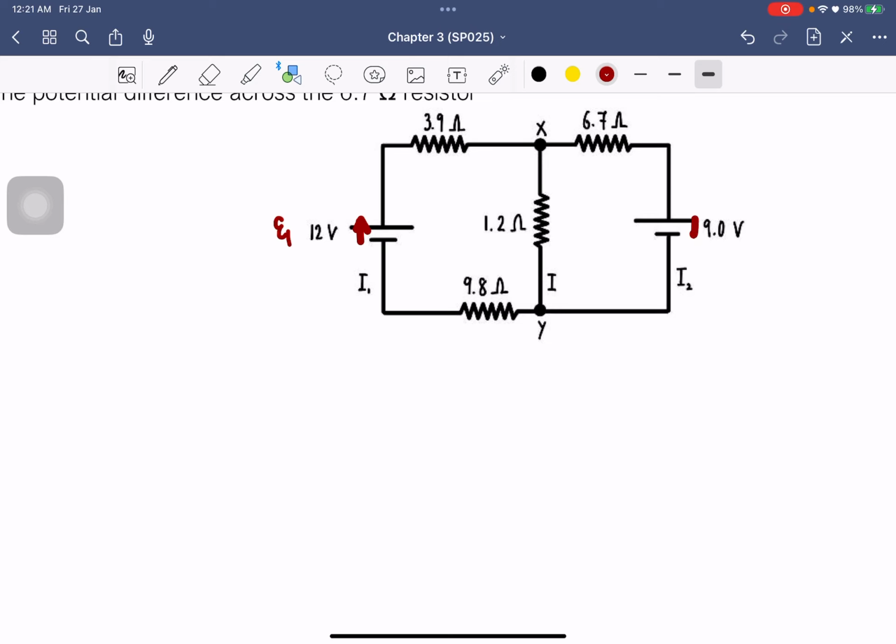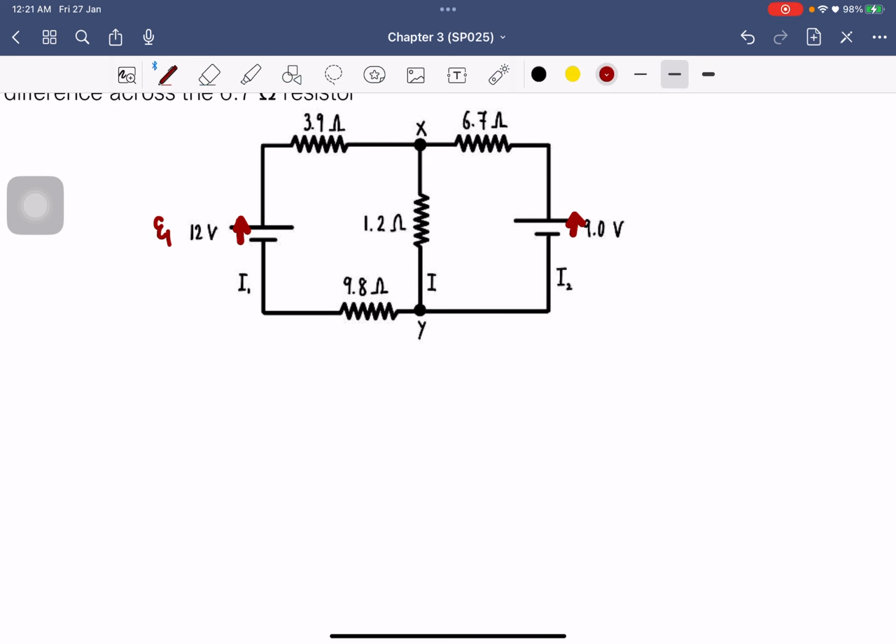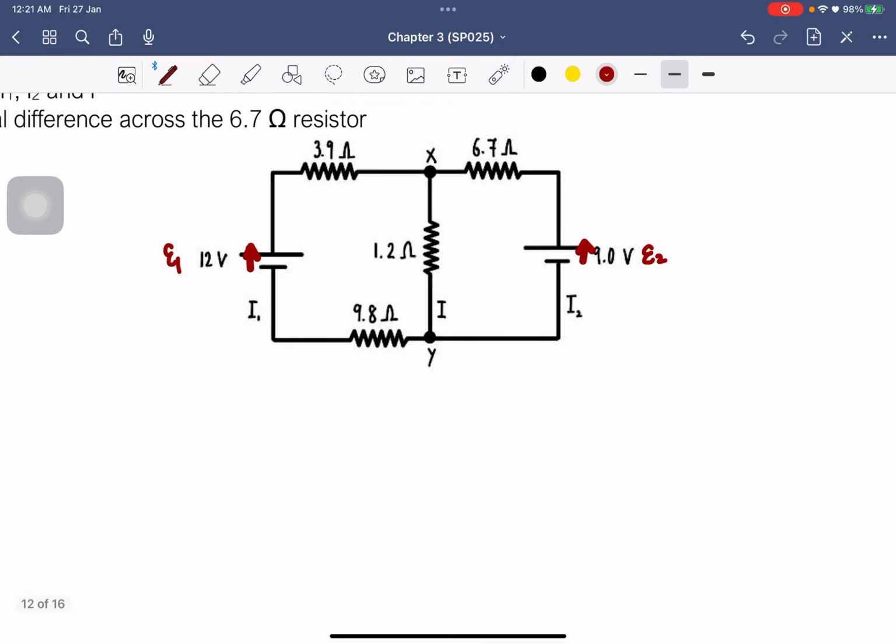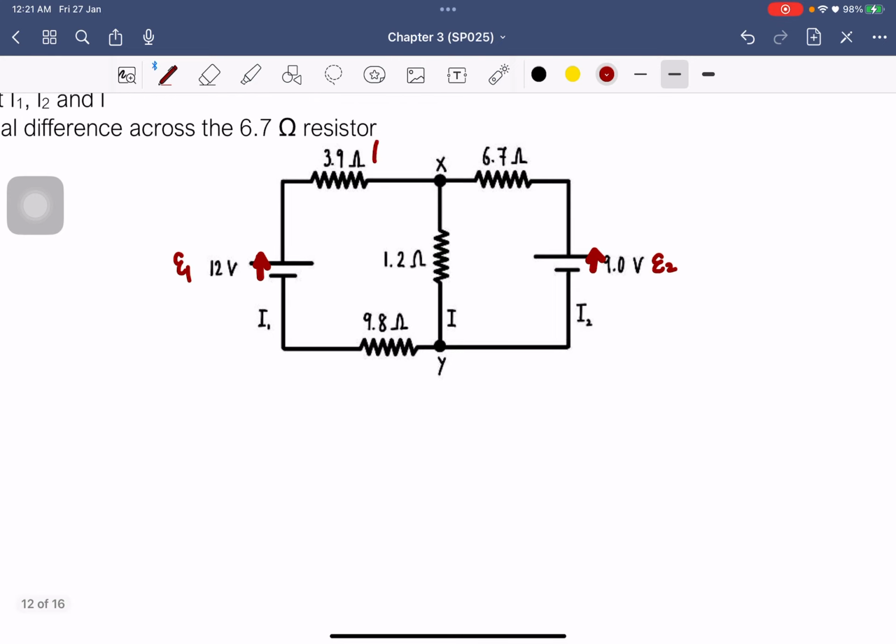This one is like this, this one is like this. So this is EMF1, EMF 2. Okay, so there are only 2 cells. There is no internal resistance. So this is R1, R2, R3, R4. Okay, so we've labeled them.